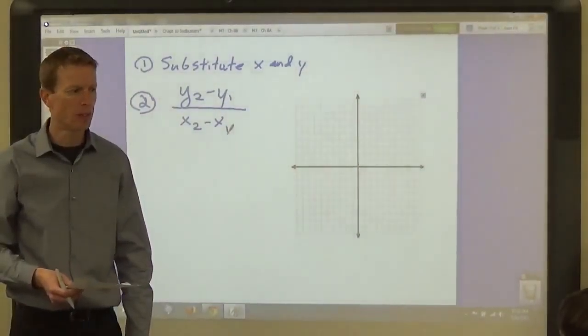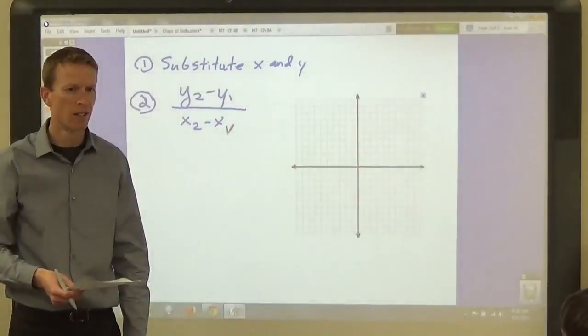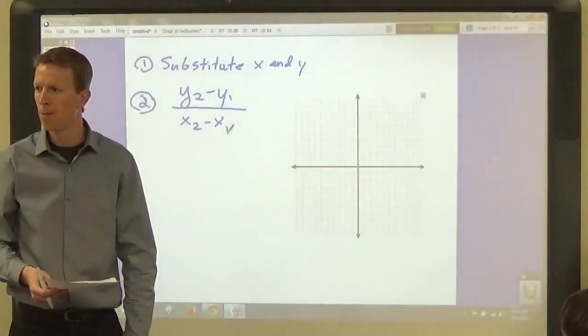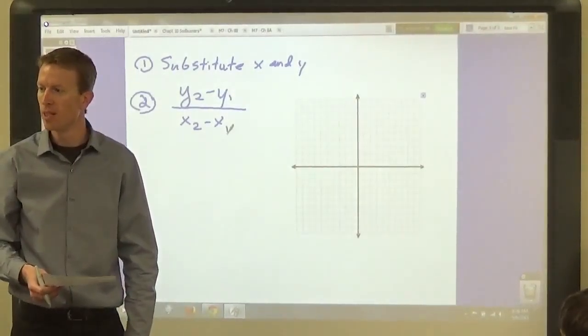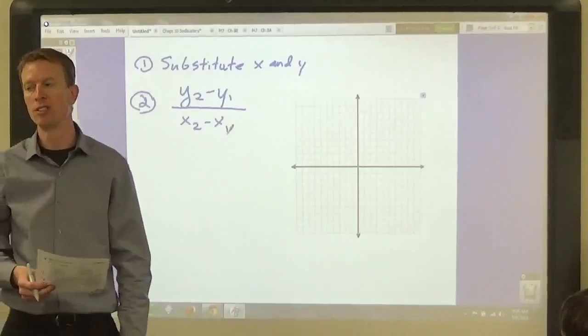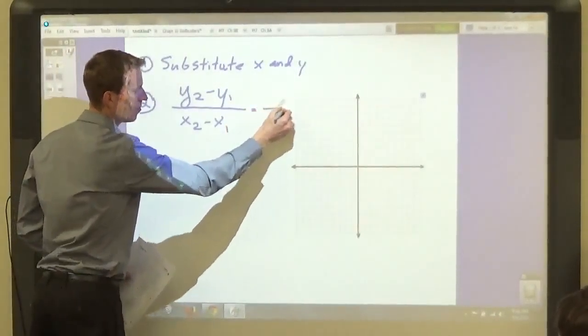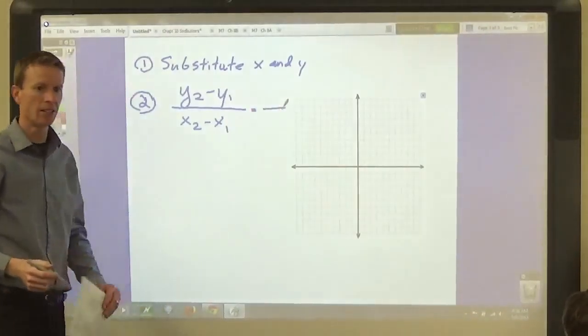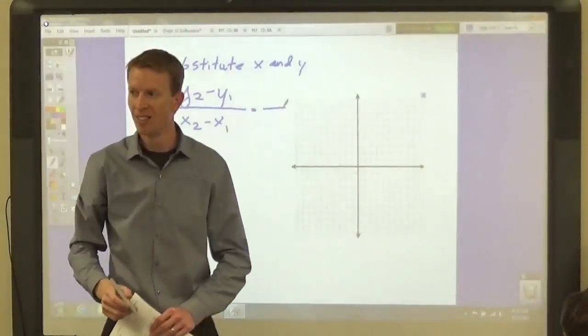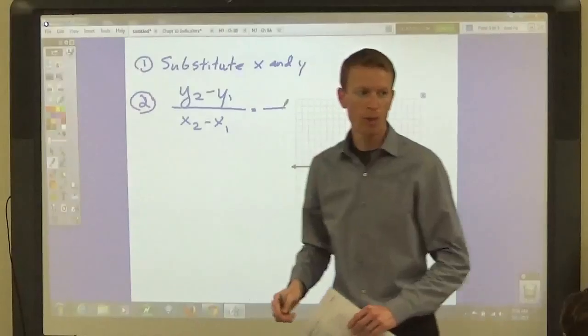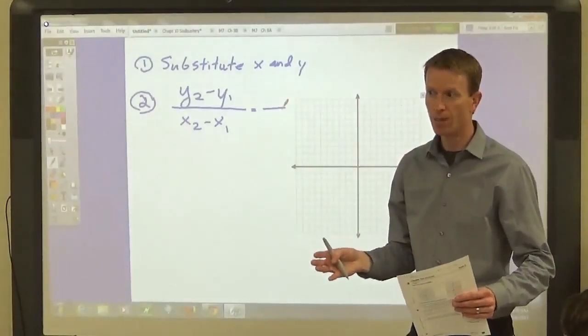How do you know if a slope is undefined? Chase. Vertical or horizontal? Yeah, what would give you a vertical or horizontal line? I think it's 0 on top. That's a 0 slope, right? An undefined slope is a slope where you have an error.